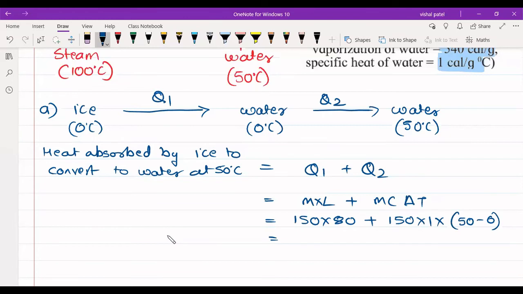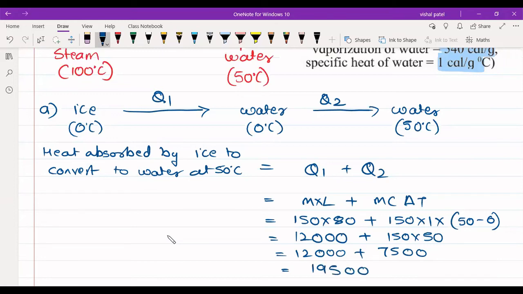So this is 12,000 plus 150 into 50, that is 12,000 plus 7500. So that is 19500 calories. So this is the amount of heat which is absorbed by ice, which is converting to water now.